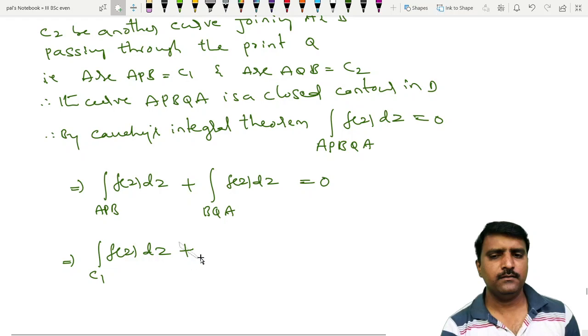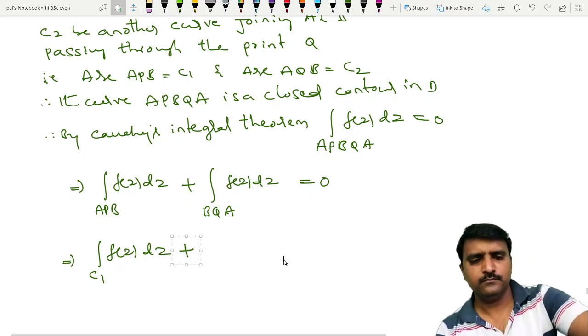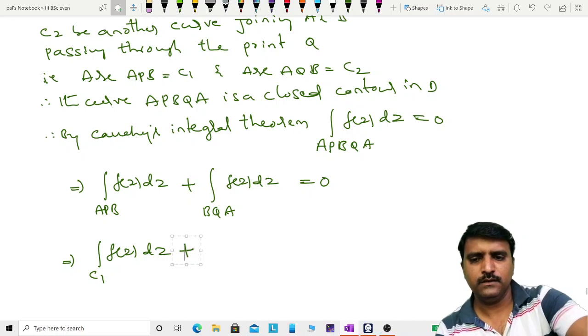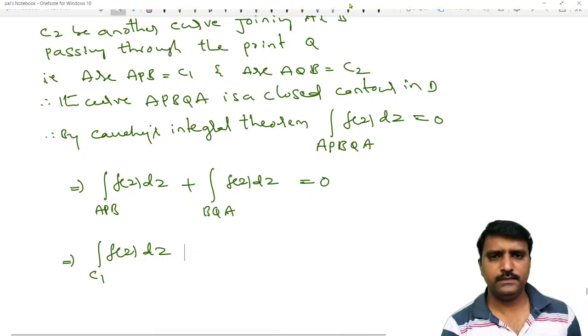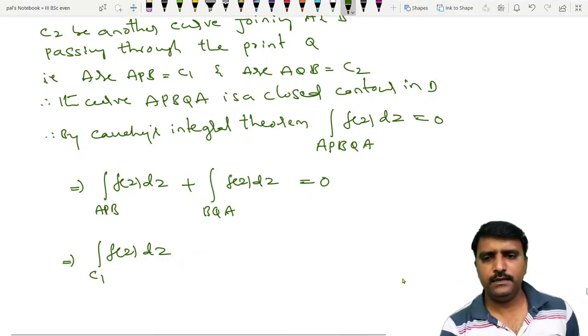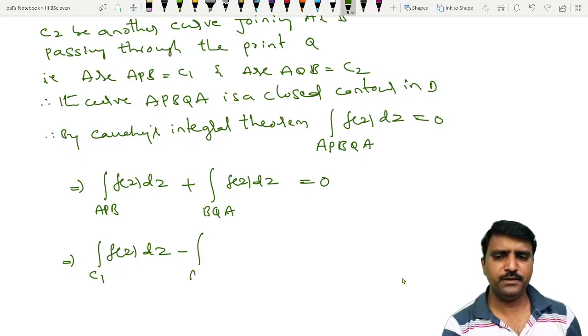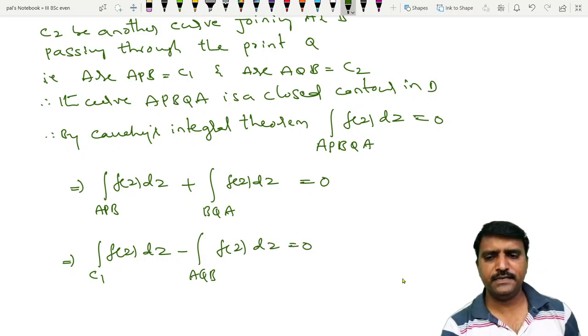Take the minus sign, and instead of BQA you take AQB. I am changing the direction, so for that I just put the negative sign here.